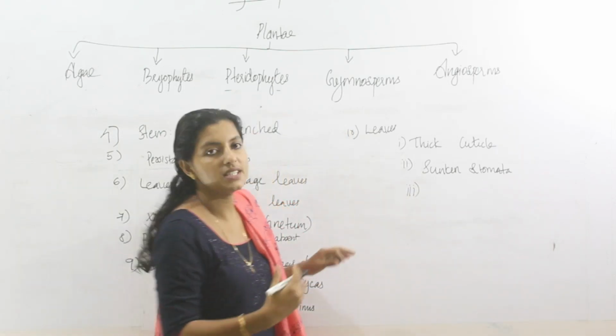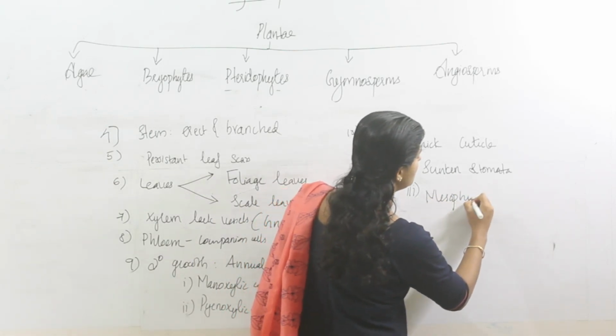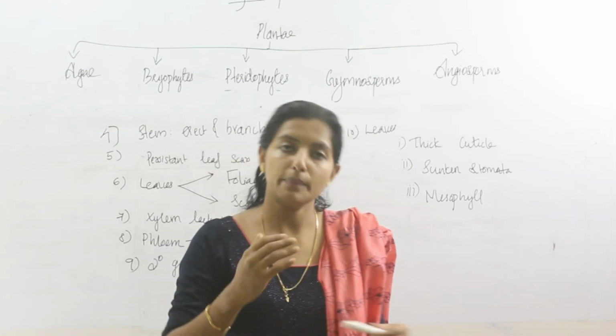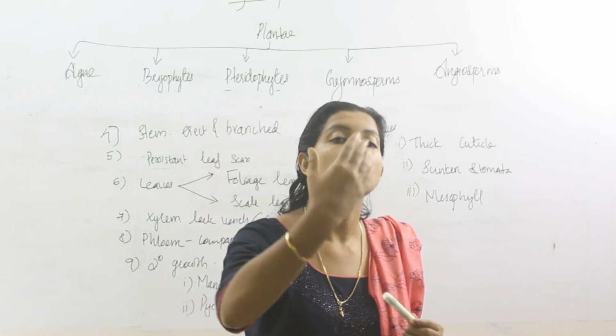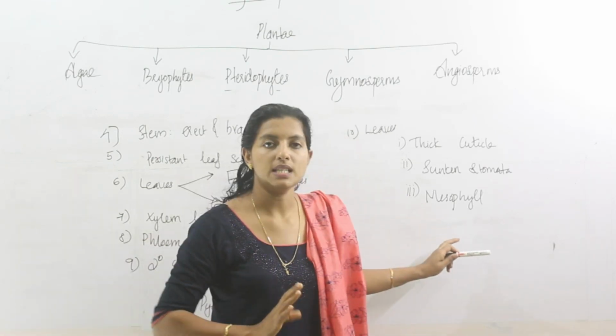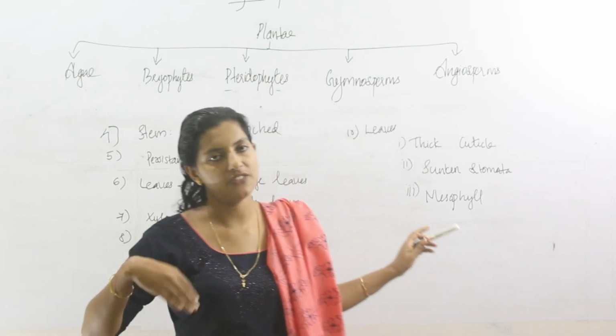After the epidermis, we are moving to the next layer. That next layer in leaves is called mesophyll. Generally in angiosperms, in case of dicots, the mesophyll is differentiated into upper palisade and lower spongy tissue. In gymnosperms, in different species, we can see both differentiated as well as undifferentiated mesophyll.